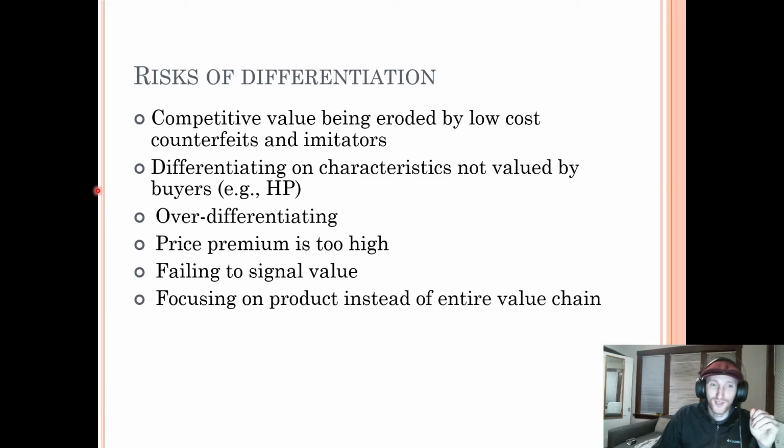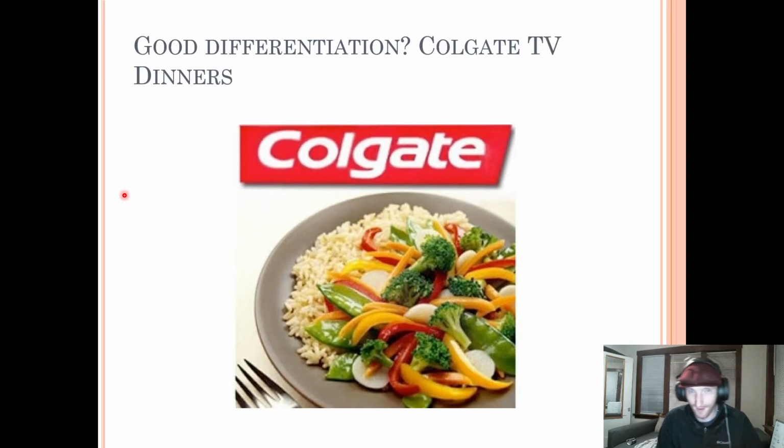So I want to focus on this, differentiated on characteristics not valued by buyers. And I have some examples here, all right? Colgate, if you remember them, tried to move into the food market and use their brand clout. They created TV dinners, right?